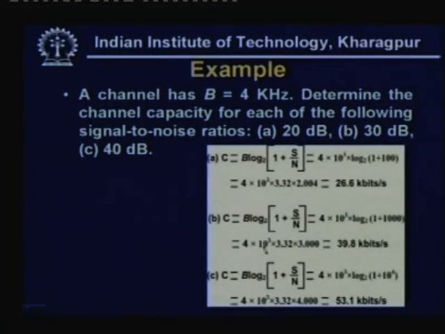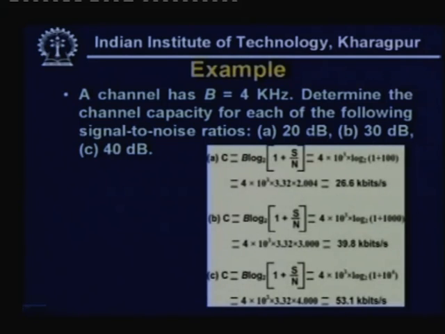Let me take a few examples here, particularly in case of a noisy channel. The channel has a bandwidth of 4 kilohertz as earlier, and we determine the channel capacity for each of the following signal to noise ratios: 20 dB, 30 dB and 40 dB.